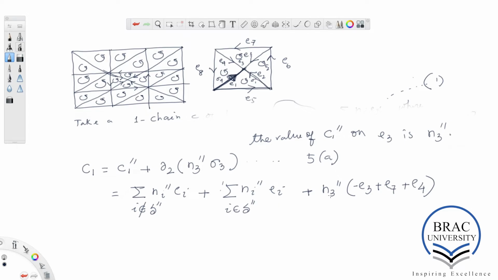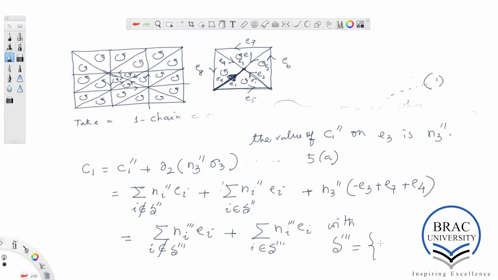That cancels against this minus N3 double prime E3, so that there is no contribution of E3 in the total sum, so that we can write it as sum of Ni triple prime Ei, where i does not belong to S triple prime, plus sum over all i belonging to S triple prime, Ni triple prime Ei, with a new set S triple prime, which is the set of 4, 5, 6, 7, 8, 5 integers. This is our equation number 5.